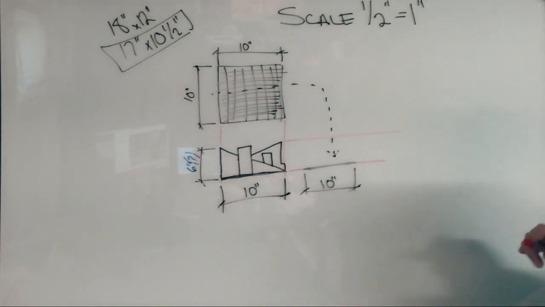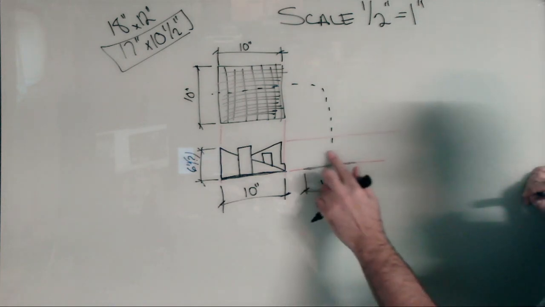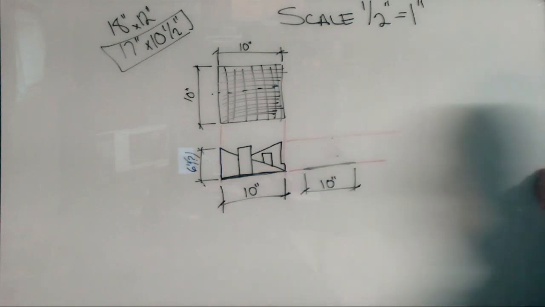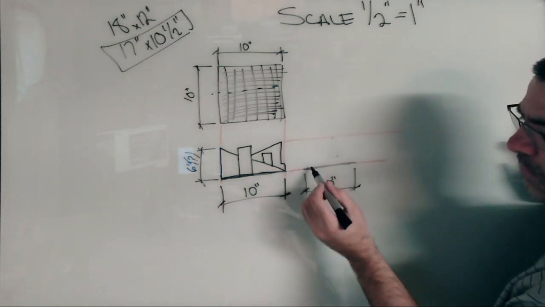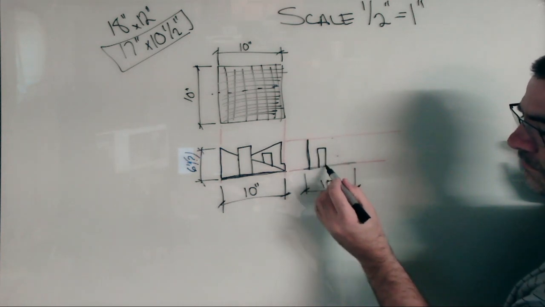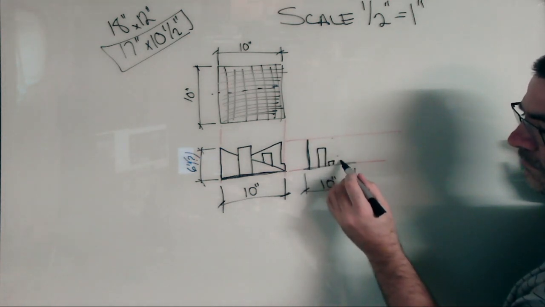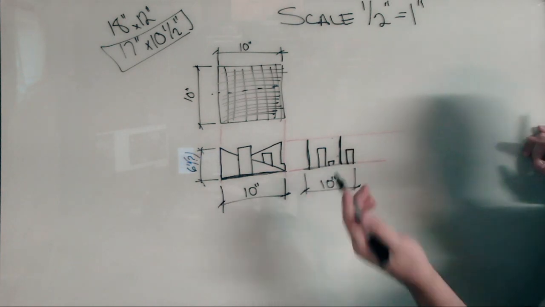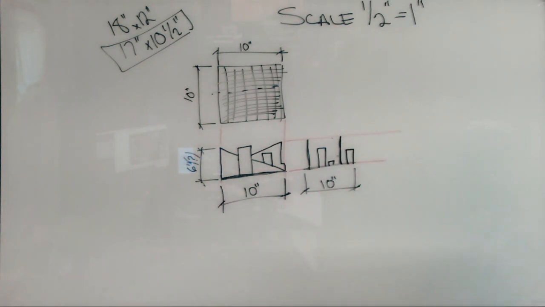Okay? So I know that this is going to be 10 inches. All right? Now, again, what mine looks like from the side might be something like that. Who knows? Okay?